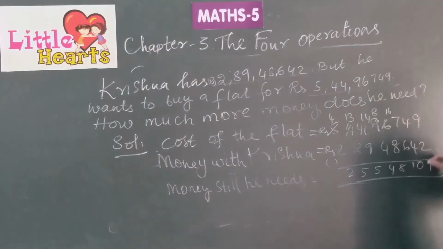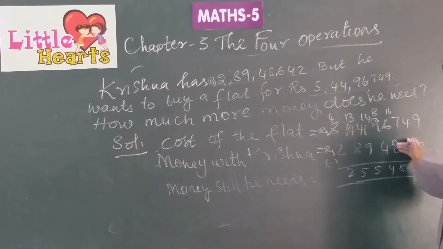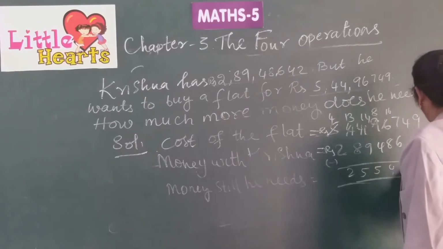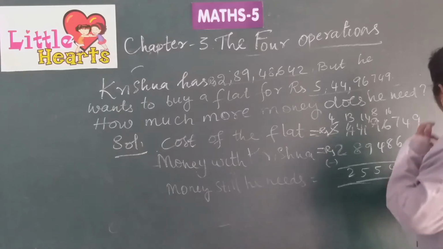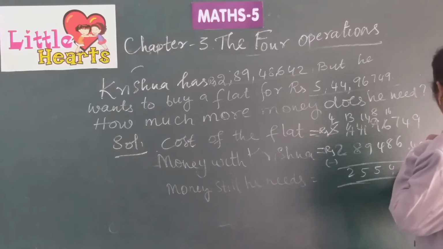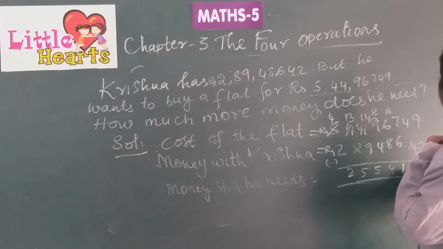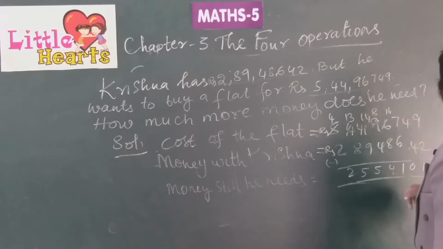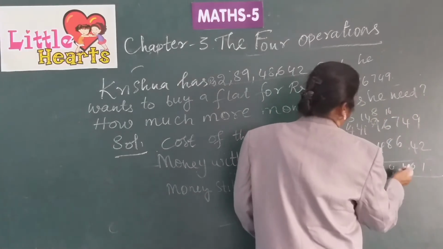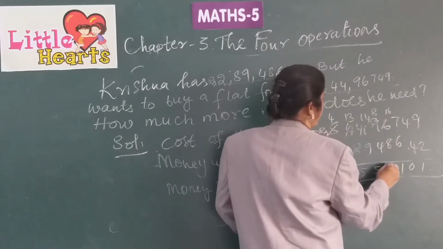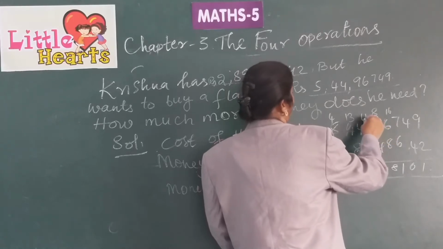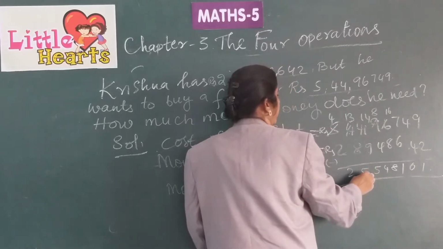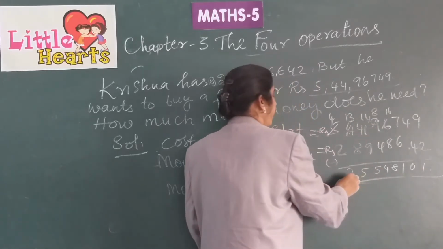9 minus 2 is 7, 4 minus 4 is 0, 7 minus 6, 1. 16 minus 8 is 8, and 8 minus 4 is 4, and here 14 minus 9, 5, this becomes 3, and 13 minus 8 is 5, and 4 minus 2 is 2.